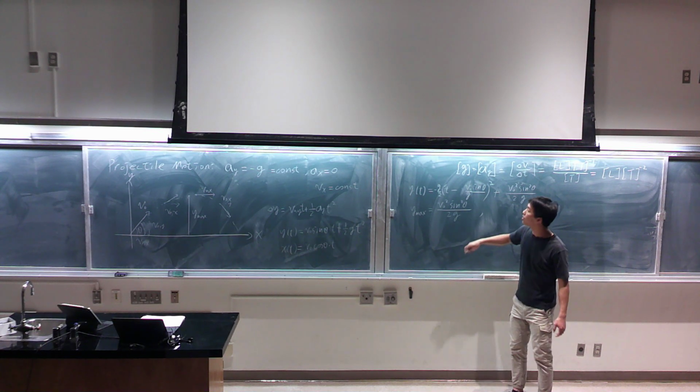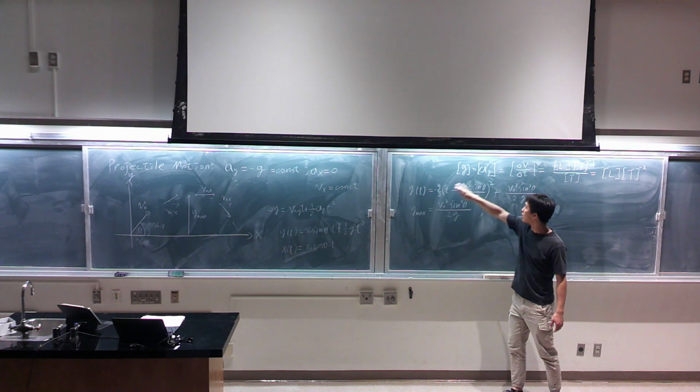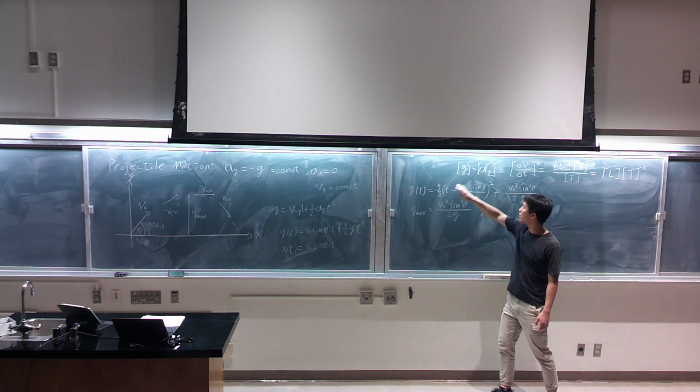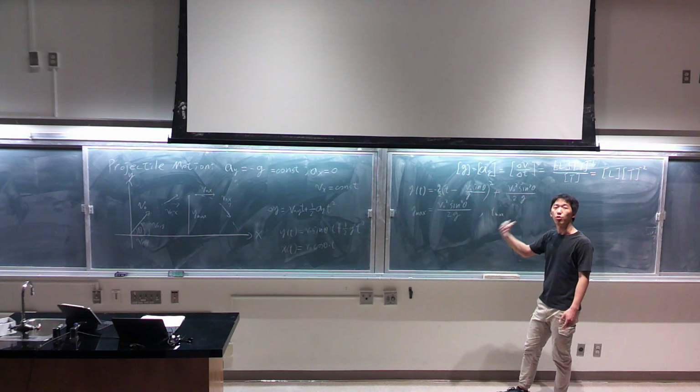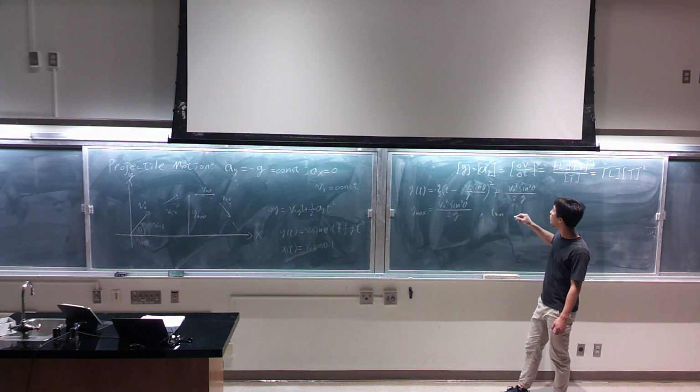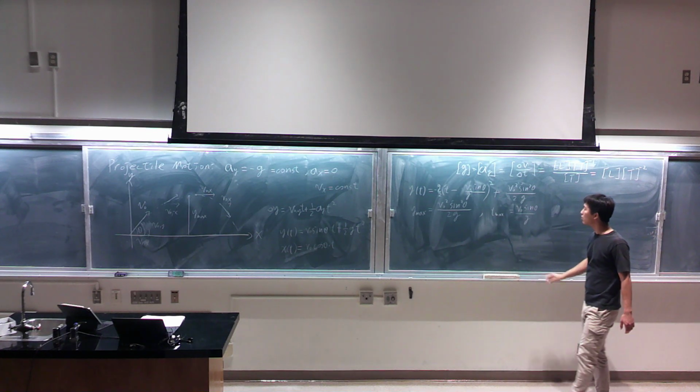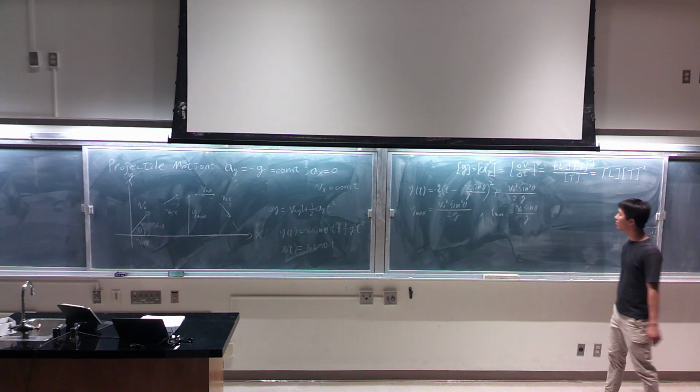And it will happen when this thing is 0. When this thing is 0, t and this should cancel. So the time that the projectile reaches the highest point will be the thing here. And again, you can check dimension.